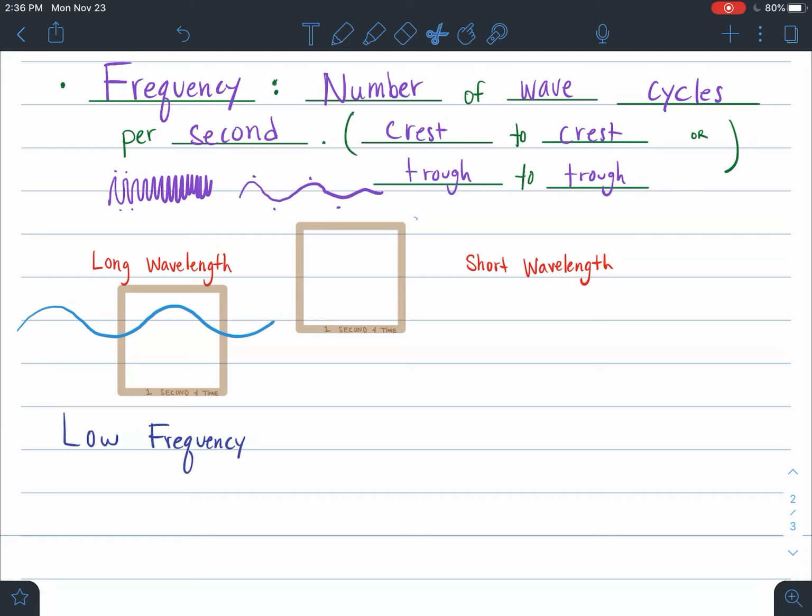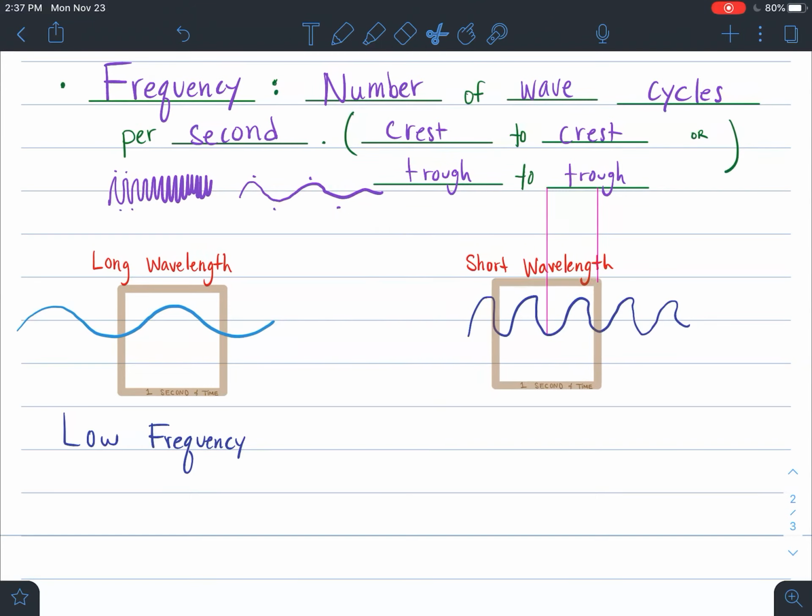But if we take that same box and we move it over towards a short wavelength, you can probably already see the number of waves that happen in 1 second. If I put this over here, you can see there's more waves that happen in that box in that 1 second of time. So since there's more of them, we would say that this is a high frequency wave.